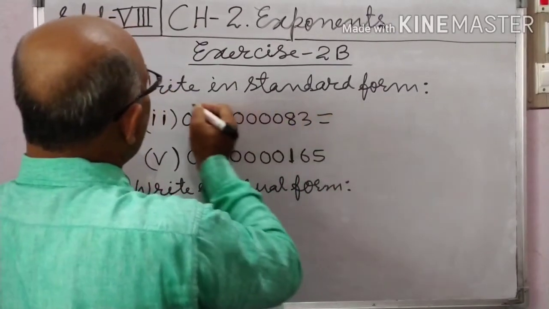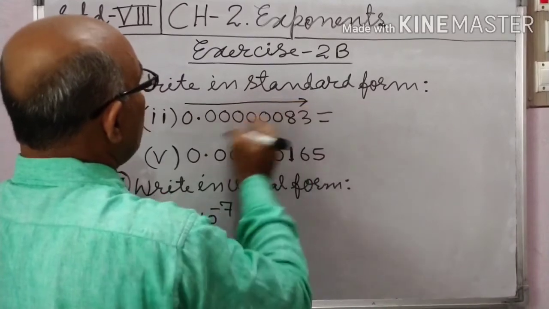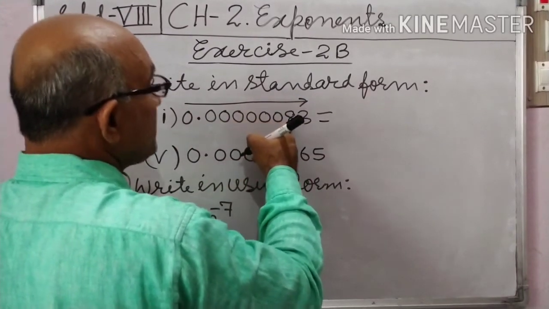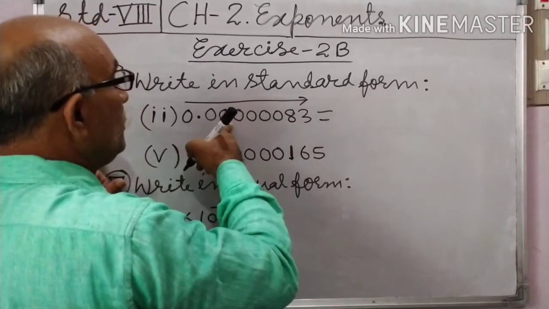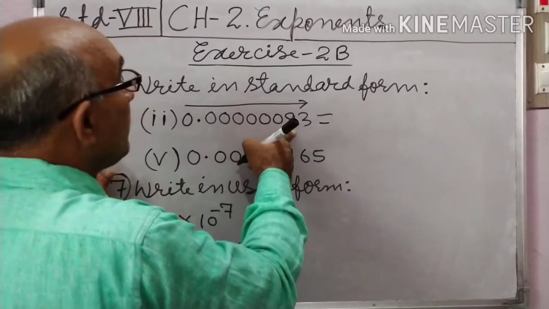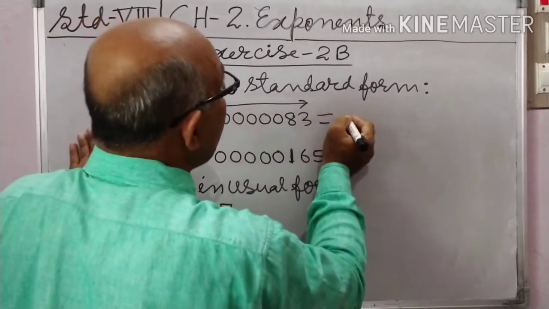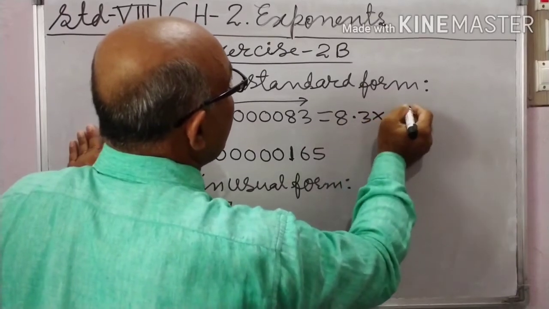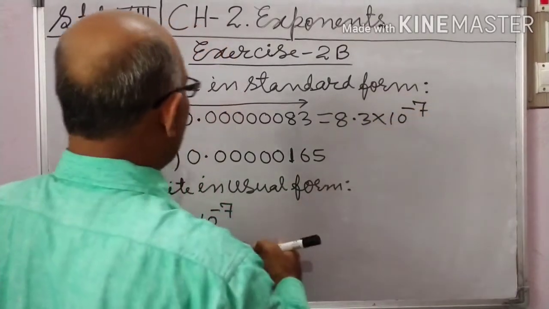The decimal is shifted 1, 2, 3, 4, 5, 6, 7 places from left to right. So write 8.3 into 10 to the power minus 7.